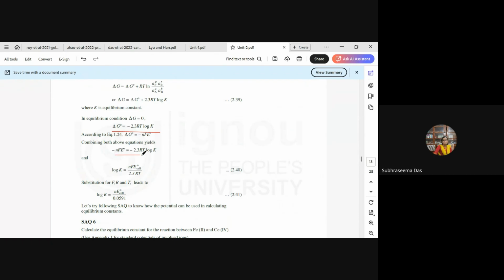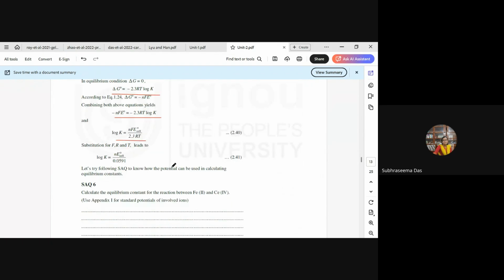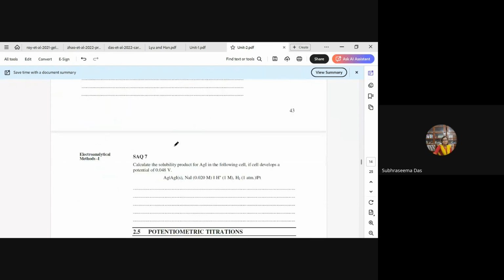When we combine this, we get log K is equal to nFE0 by 2.303 RT. Upon substituting the values of F, R and T, we get log K is equal to n E0cell by 0.591. So the equilibrium constant for any reaction can be calculated using the value of E cell in the standard state, and equation 2.41 shows how we can calculate the equilibrium constant for a reaction.